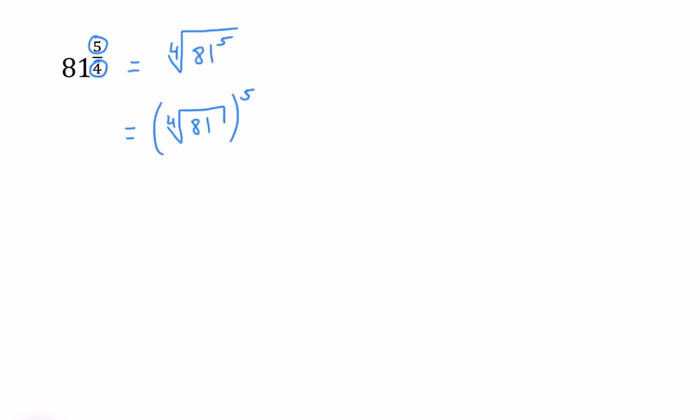Let's break down 81. Any two numbers that multiply give us 81. So we have 9 times 9. 9 is 3 times 3, and 3 is a prime, so it's done.